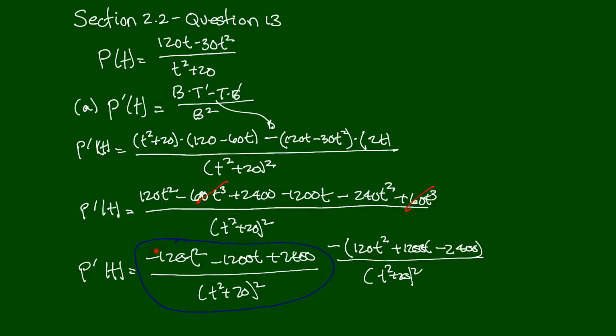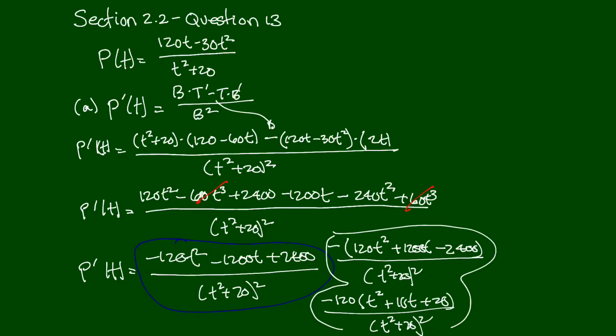I could factor out a negative 120, so I could write it as negative 120 times, and then what's left is t squared, plus, now 1200 divided by 120 is just 10t, and then 2400 divided by 120 is just 20. And all of this is over that t squared plus 20 squared. So, any of these are going to work. That's our part A.